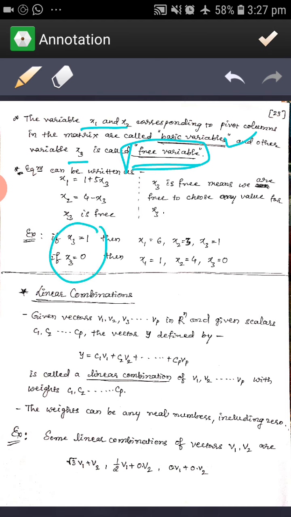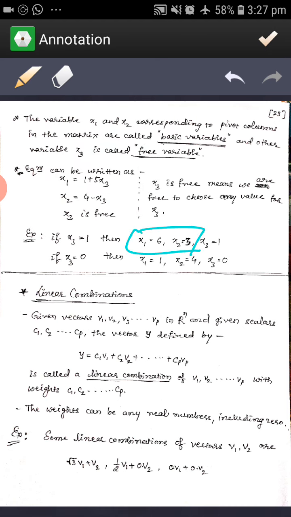If we assume x3 is equal to 1, the combination is like this. If x3 is 0, the value is like this. So the free variable can take any value, while the fixed values will be there for x1 and x2. That is the meaning of basic variable and free variable.